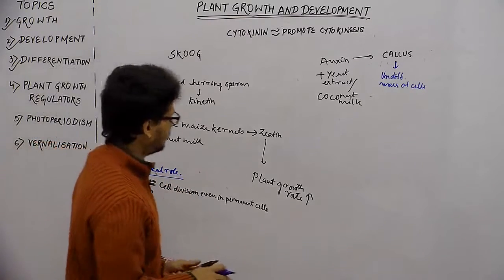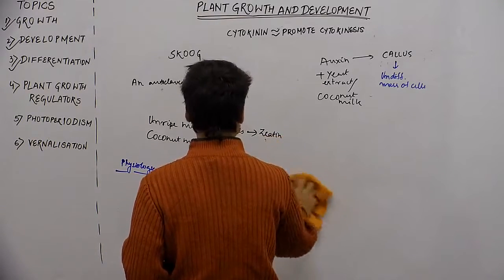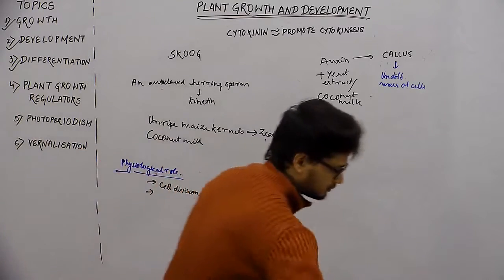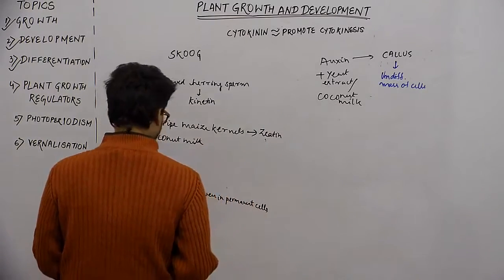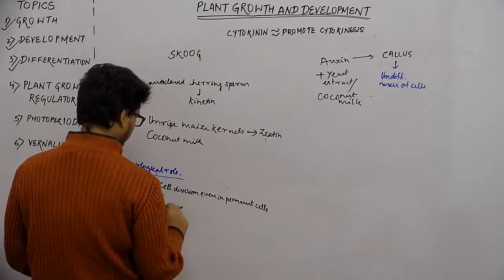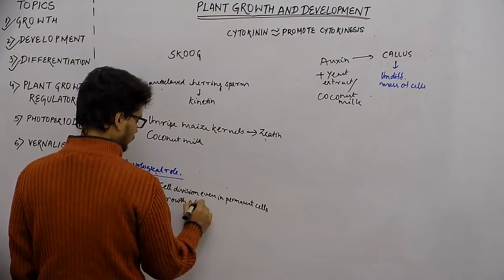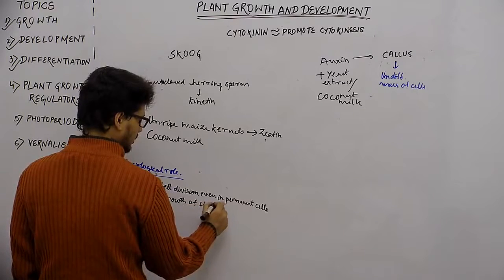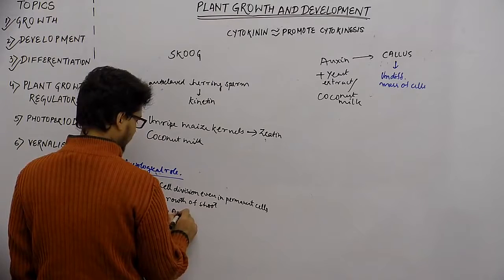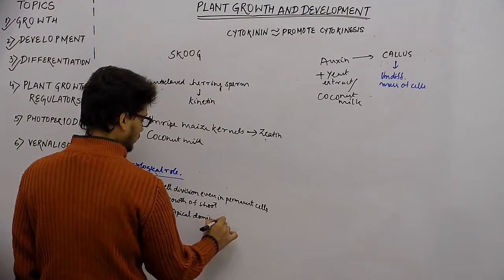Okay, so its other functions: it will also cause growth of shoot, plus it will stop apical dominance.